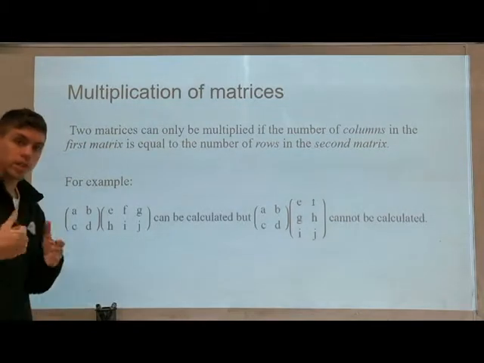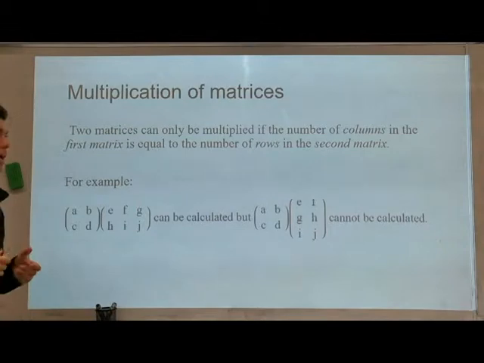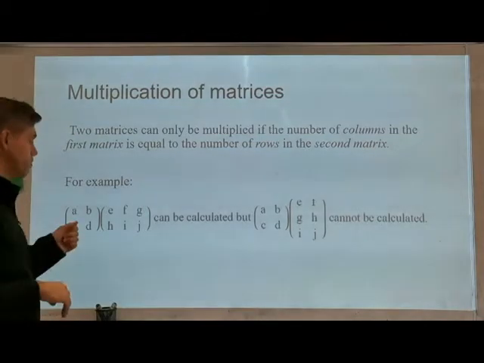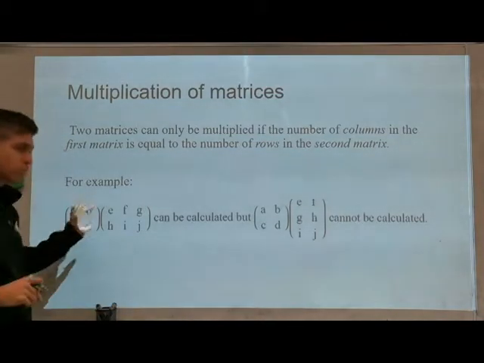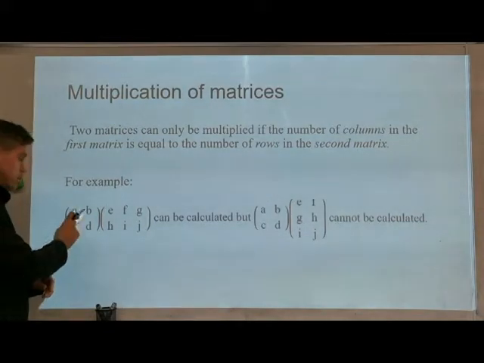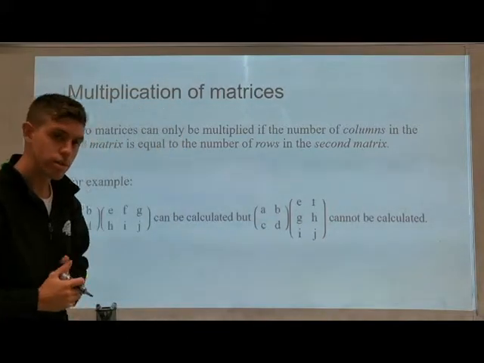Okay, so the conditions I've mentioned earlier are as follows. 2 matrices can only be multiplied if the number of columns in the first matrix is equal to the number of rows in the second matrix. So for example, I want you to have a go at writing down the dimensions of these 2 matrices underneath, and the dimensions of these 2 matrices underneath.